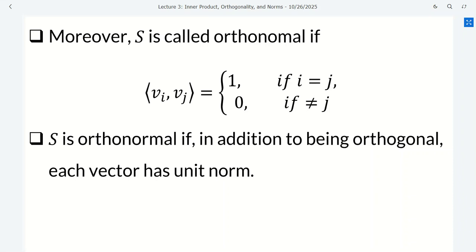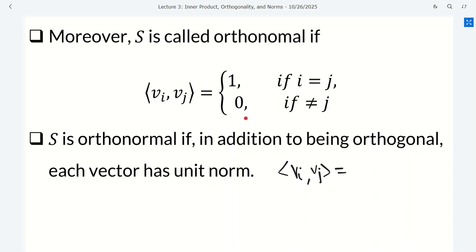All right, when we said S is orthonormal, we saw this last time that apart from it being orthogonal, I need to have a unit norm, not a unit vector, a unit norm. So when you find the inner product and vi is equal to vj, you get 1.